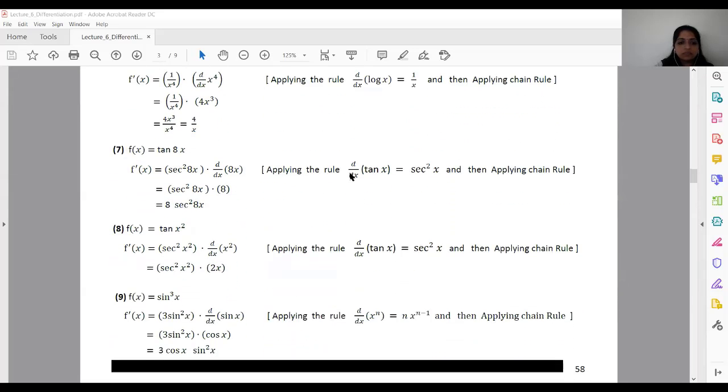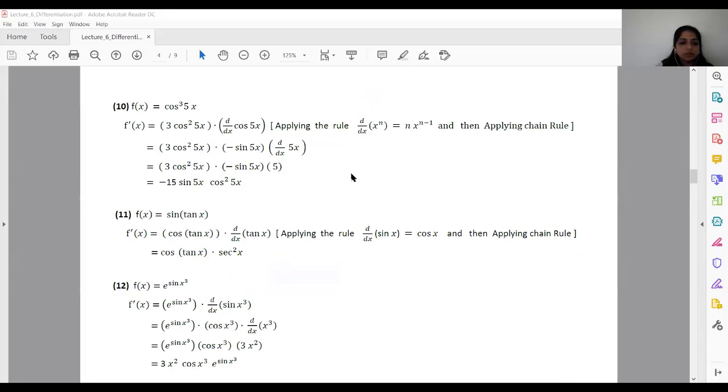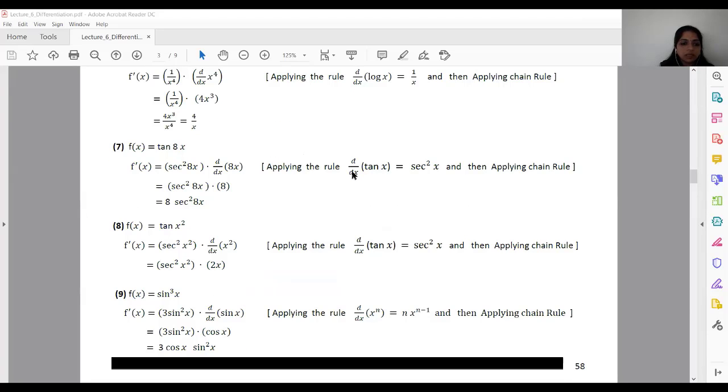The next one is tan x square. Students, remember, both are different: tan square x and tan x square. For tan square x, first you have to do the x raised to n rule, that is 2 tan x.